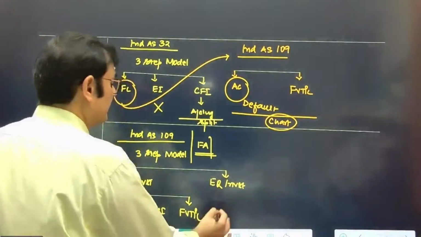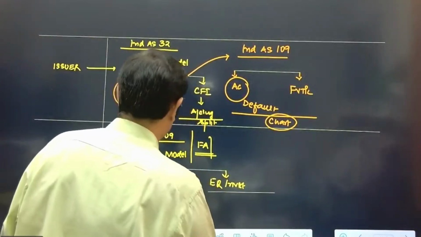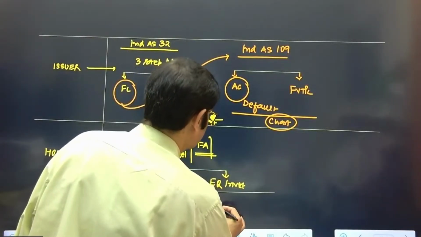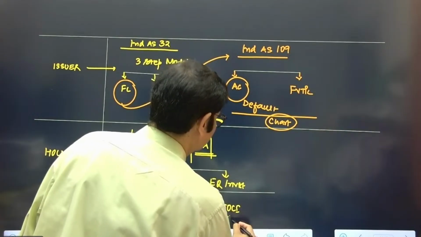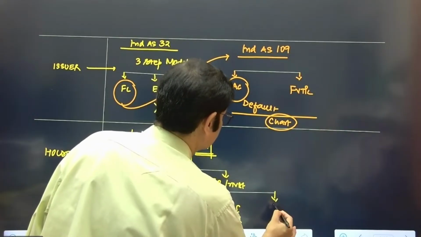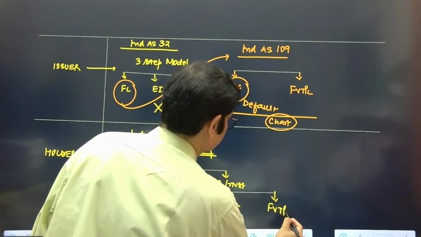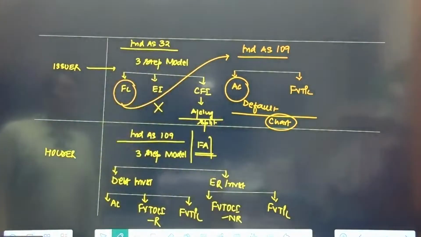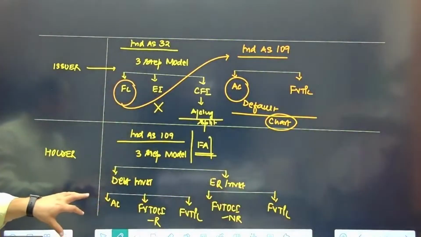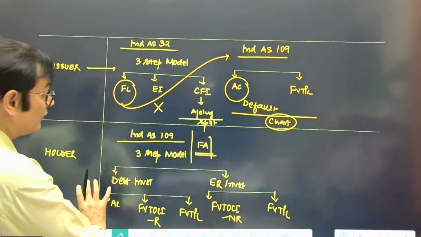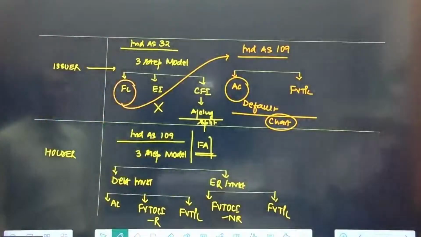Similarly, when it comes to equity investments, we said that there are two categories: one is FVTOCI, which is always NR, and the other is FVTPL. I think if you remember, in the last session itself, we covered all five aspects of these permutation combinations. So the accounting for all the five categories is also done.